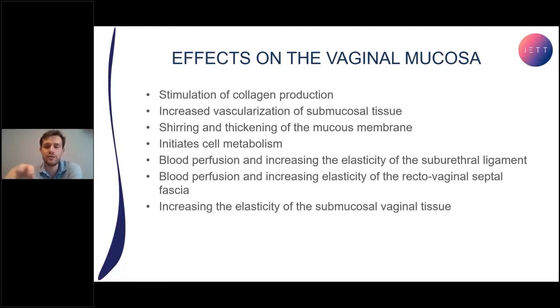So we have the cumulative effect of thermal effect, electroporation and depolarization, and this leads to stimulation of collagen production, the increasing of vascularization, blood perfusion and elasticity, the increasing of metabolism of cells in the mucosa, the shrinking and thickening of the mucous membrane, and increasing of the elasticity of submucosal vaginal tissue.